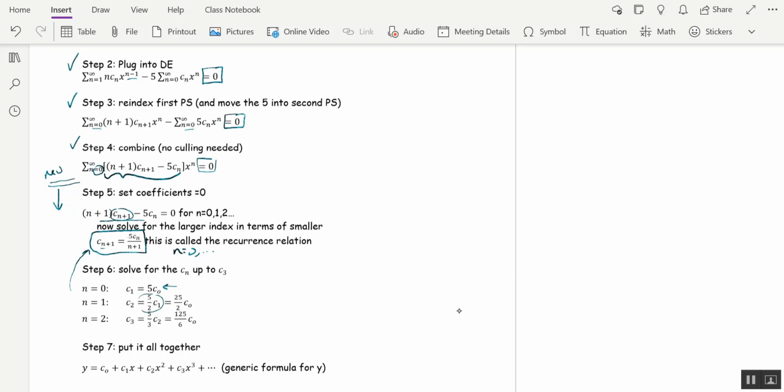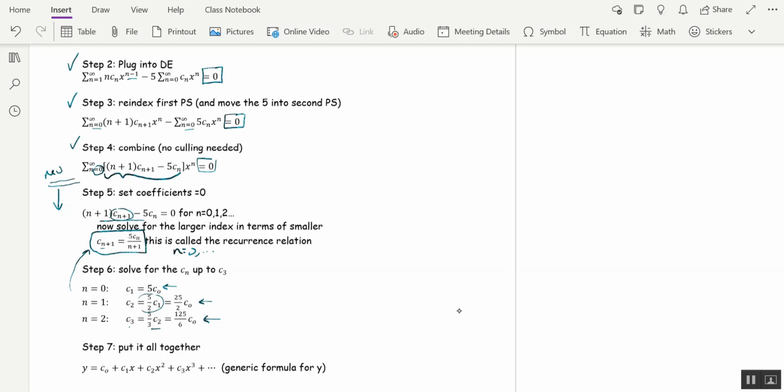But I know c1 is 5c0. So now I know that c2 is 25 halves c0. And then when n is 2, I can write c3 in terms of c2, but then I can write c2 in terms of c0. So you can see how this goes.